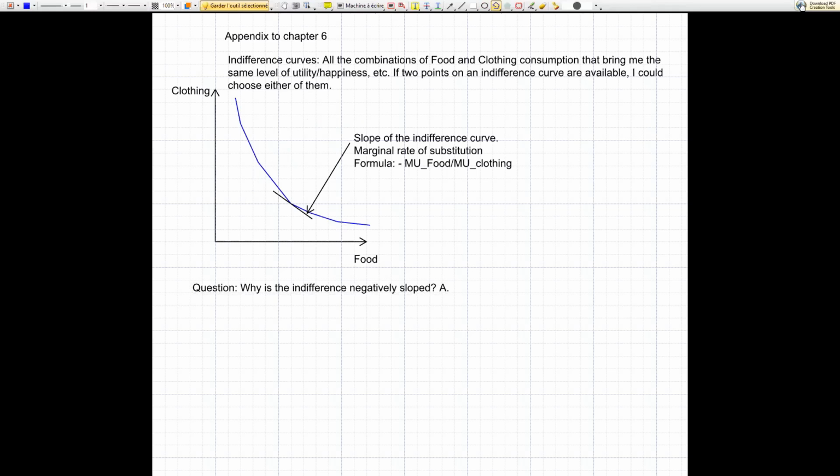Because you don't have so much money you can spend. No, we're not talking about budget yet. Because your happiness from getting more, after having few clothes, won't bring you more happiness.